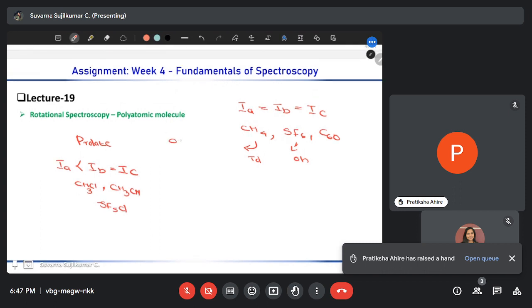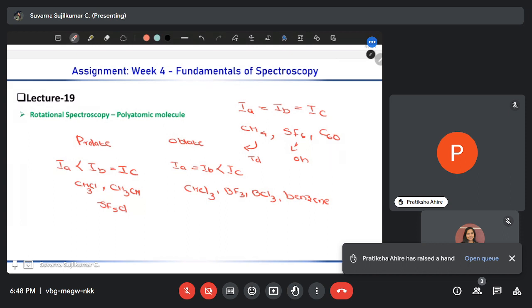Another category of symmetric rotor is oblate, given by IA equal to IB, which is less than IC. Examples are CHCl3, sorry, and BF3, BCl3, and benzene. Okay, these are disc-like molecules, usually oblate, right?